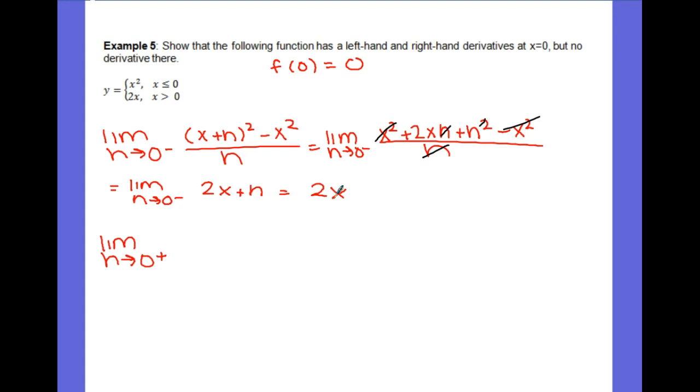The bottom one is the derivative of the top one. And then you have 2x plus h minus 2x.